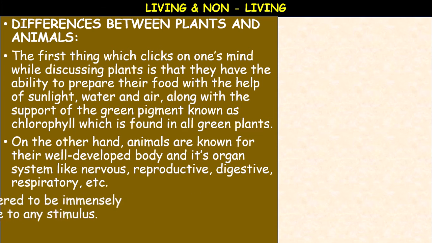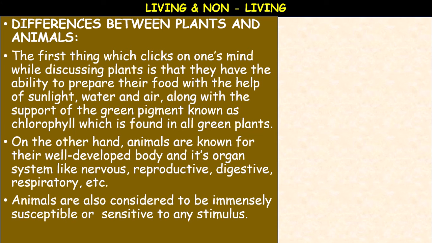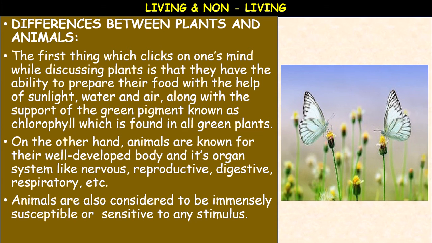Animals are also considered to be immensely sensitive to any stimulus. We can see in animals an immediate response to a stimulus because of the nervous system. See here, the butterflies are animals, and these are the flowers. So, they are responding.